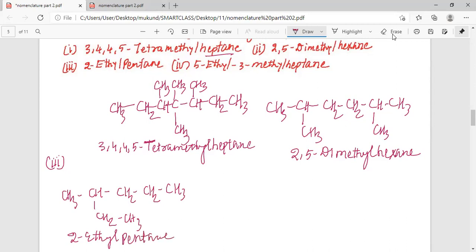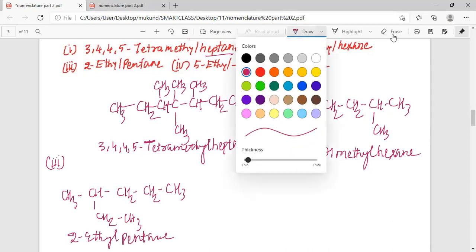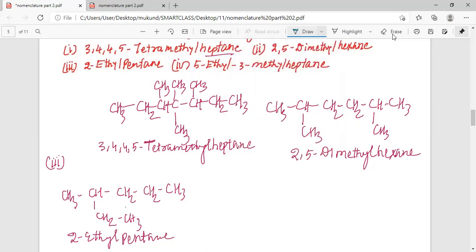But please remember, my dear students, that this way of giving the name is not correct. We should change this system and we should start counting from here. 1, 2, 3, 4, 5 and 6, and it is actually 3-methyl hexane.